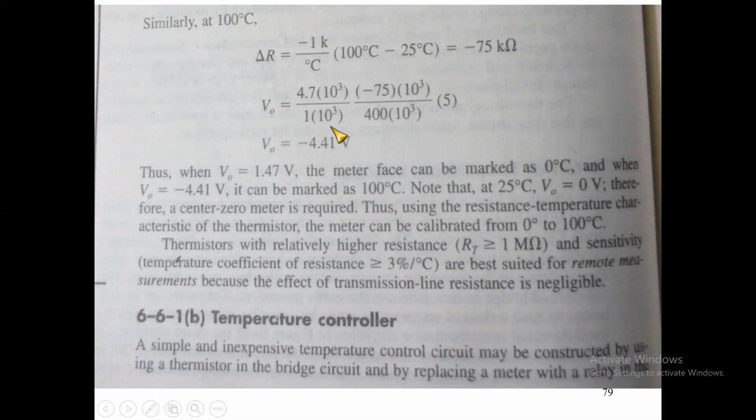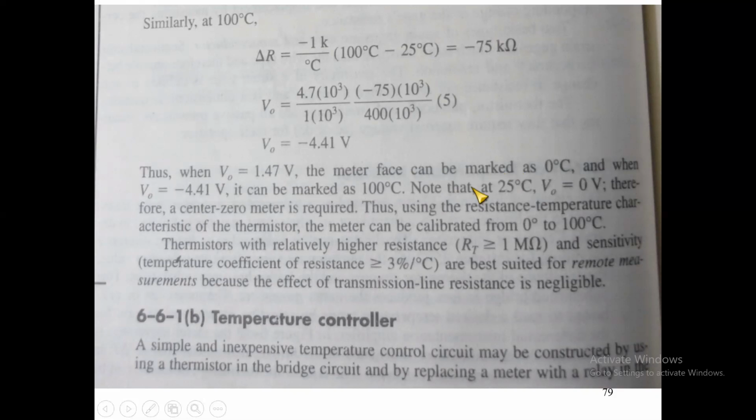All other things are the same. So we'll get V naught equal to minus 4.41 volts. Thus, when V naught is equal to 1.47 volts, the meter face can be marked as 0 degrees centigrade, and when V naught is equal to minus 4.41 volts, the meter face can be marked as 100 degrees centigrade.